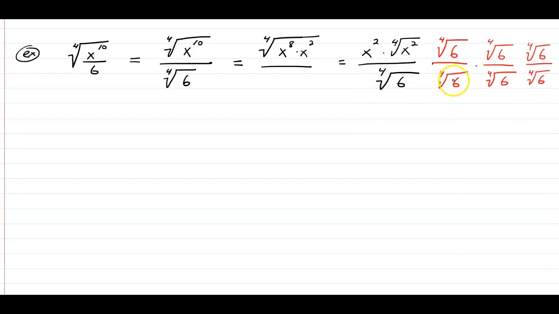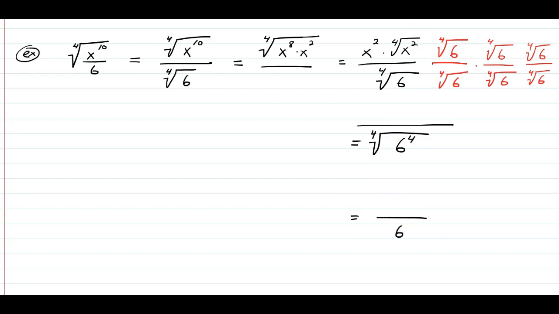The reason I'm multiplying by the fourth root of 6 three times is so that now the bottom becomes, how many 6s do I have? 1, 2, 3, 4. So on the bottom, I have 4 6s underneath the radical. And what that's going to allow me to do is actually take the fourth root. The fourth root of 6 to the fourth is just 6.